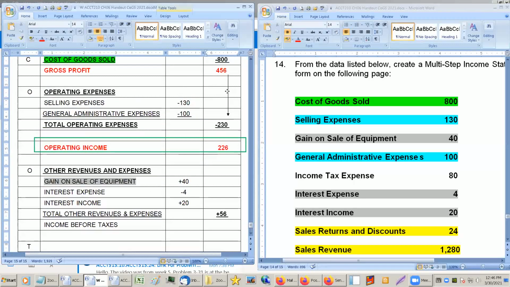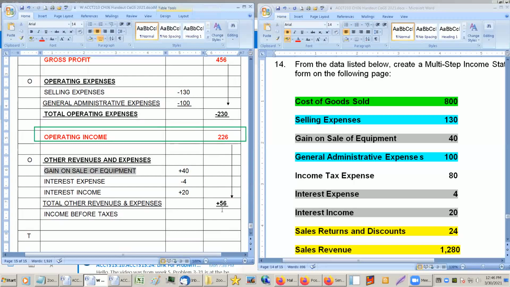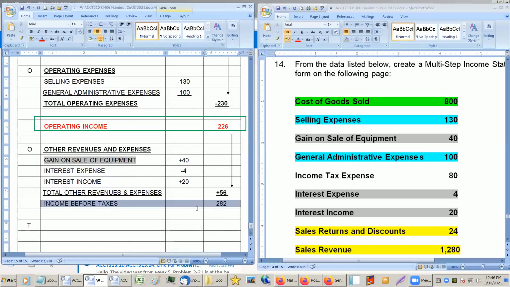I never had so much trouble with arrows in my life. Okay, so this is 226 plus 56, 282. So this is our income before taxes.